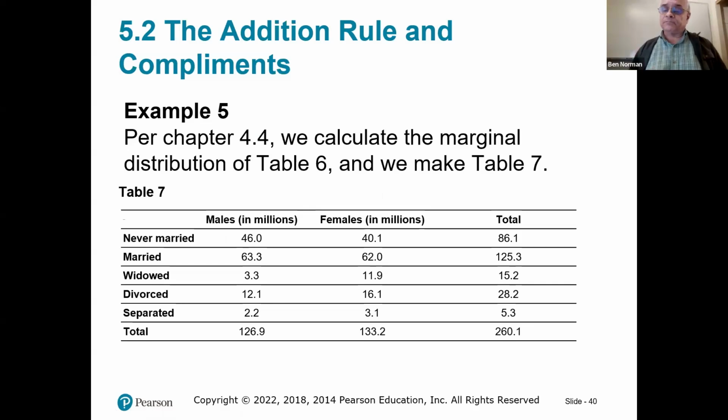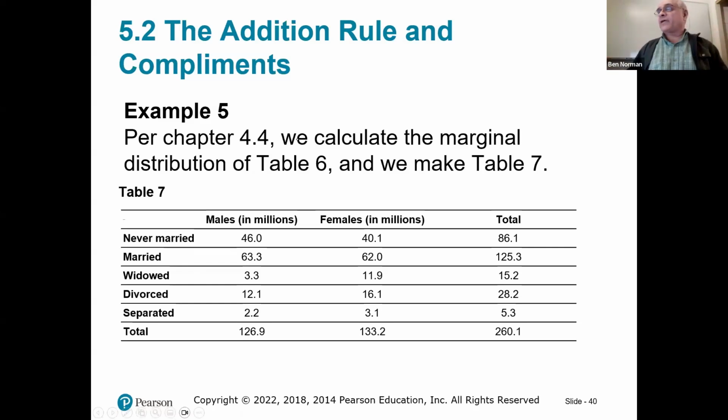Now, to make this happen, it needs to be understood that these categories are disjoint: never married, married, widowed, divorced, separated. To make this exercise work, males and females are also disjoint.